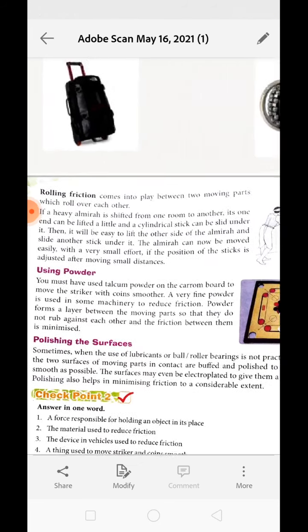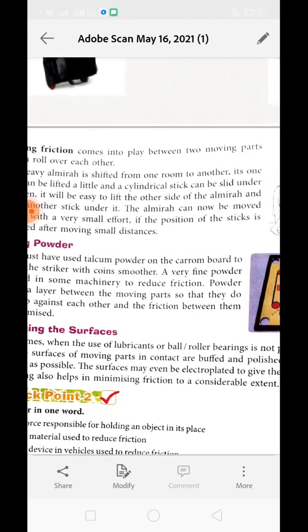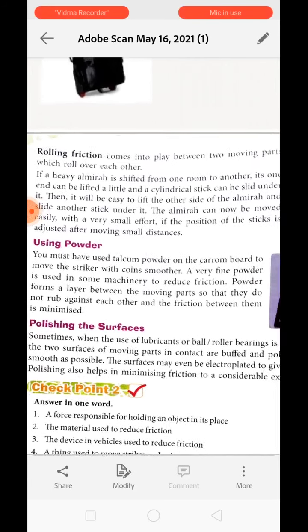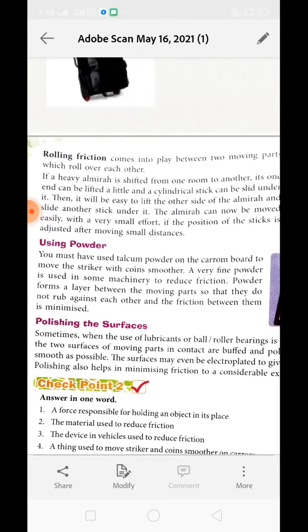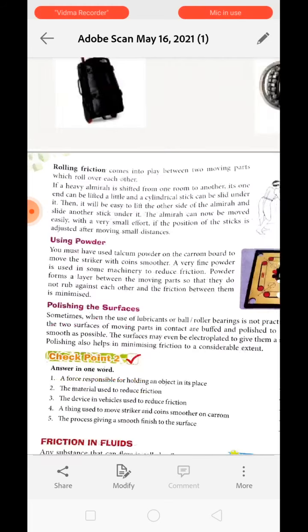You will write it like this: a fine powder is used in some of the machinery to reduce friction. Powder forms a layer between the moving parts so that they do not rub against each other, and the friction between them is minimized. Then polishing, you will write everything about polishing.